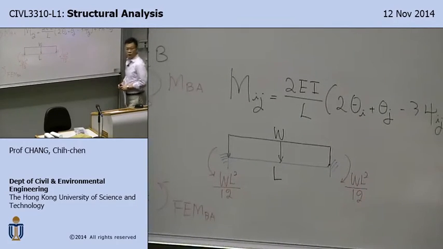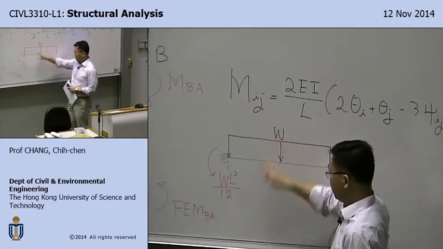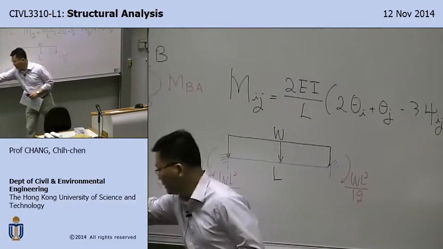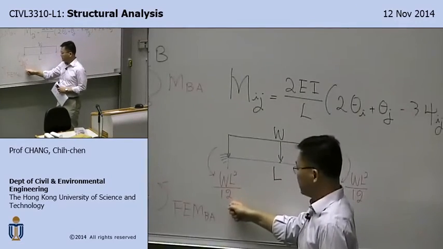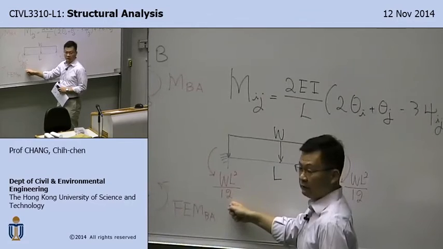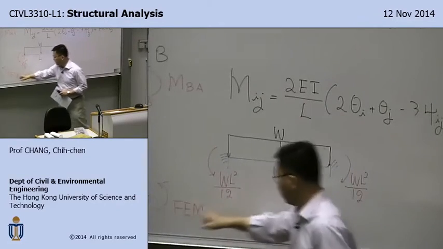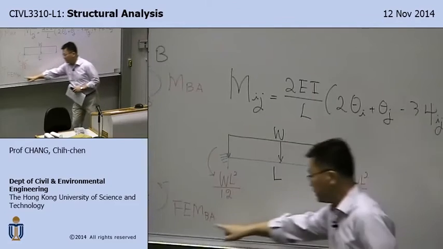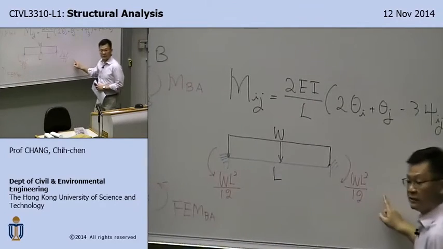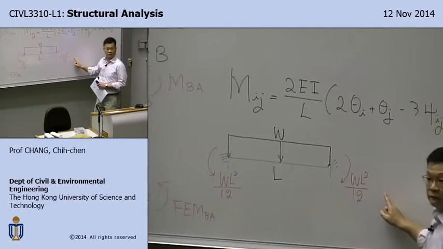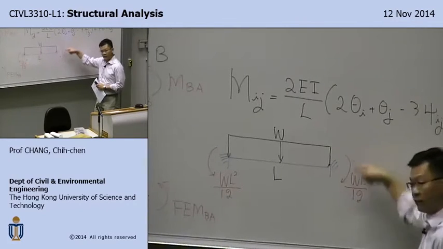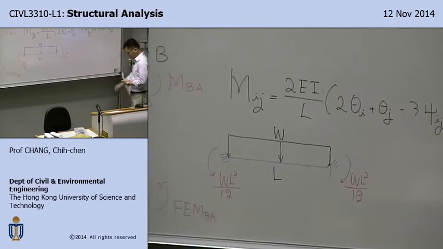So I want you to remember this. If I see this loading like that, then the fixed end moment at this end will be positive WL squared over 12. The fixed end moment at the other end will be negative WL squared over 12, because this is clockwise. So that's UDL, uniform distributed loads.